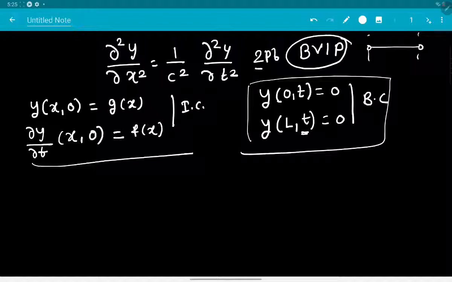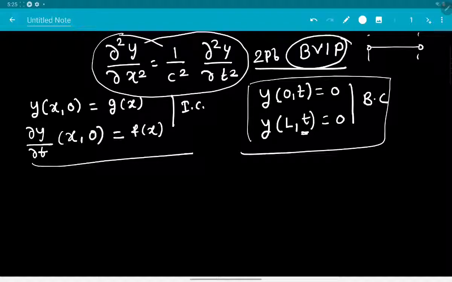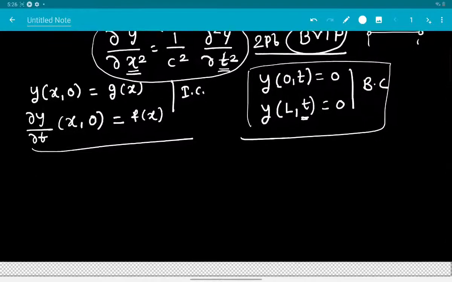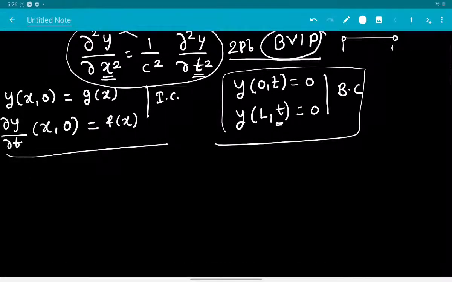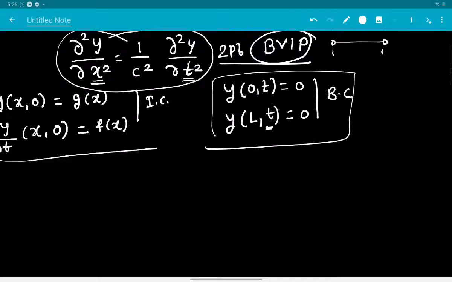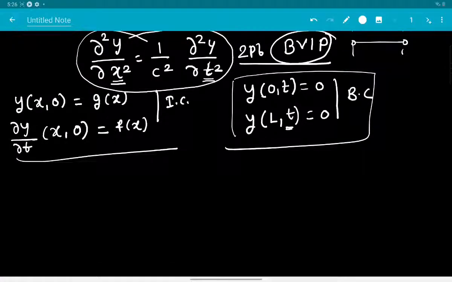The equation we have arrived at is a partial differential equation, because there are two variables which govern y, x and t, on which the value of y depends.